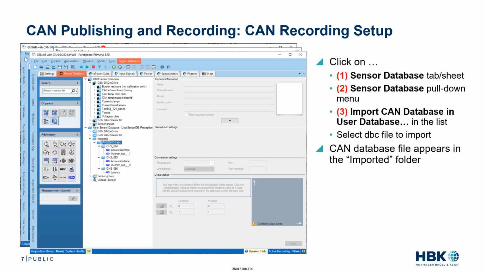Next, we'll go to the User Sensor Database and look for the imported folder, expand the tree to see the DBC file, and then expand further to display the structure of the DBC file. In fact, here we see it includes the two signals we're going to publish, the inverter out current and the inverter out voltage.